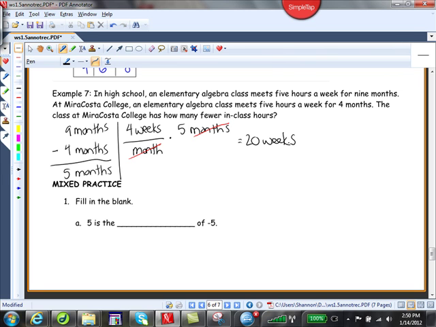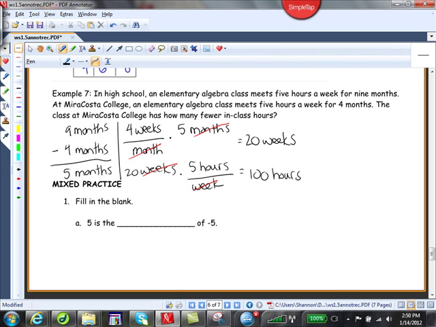So now we could say 20 weeks times 5 hours per week, because we want the number of hours that they differ by. And check this out, that's about 100 hours.